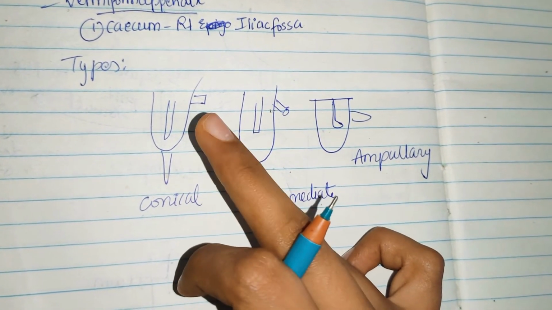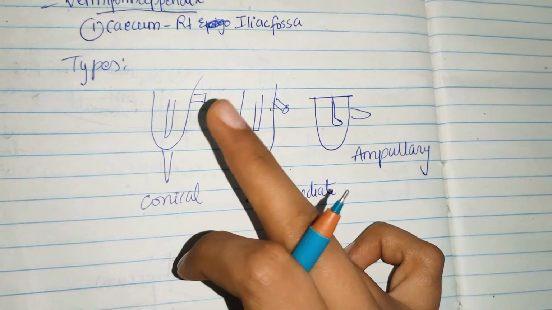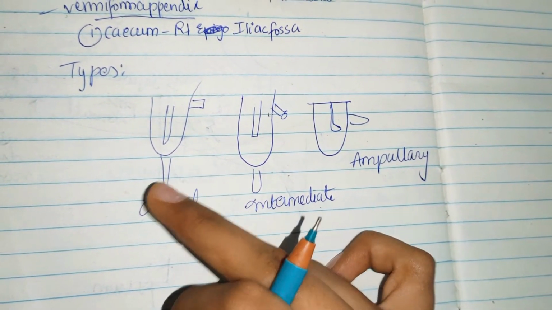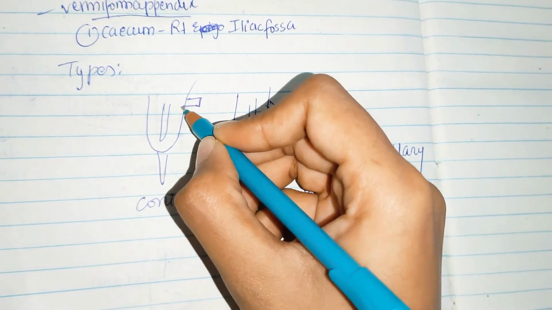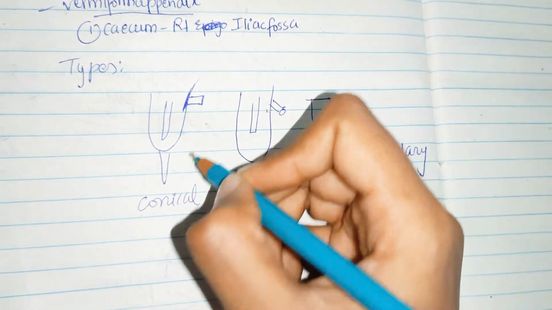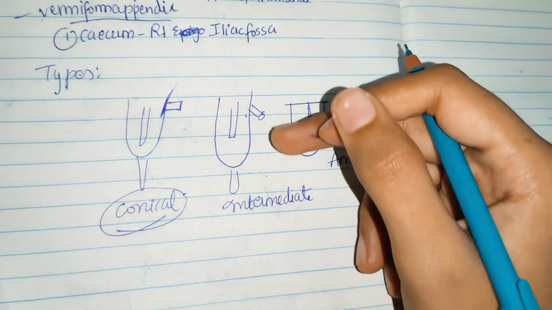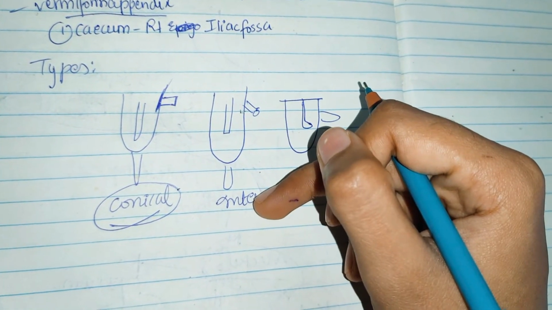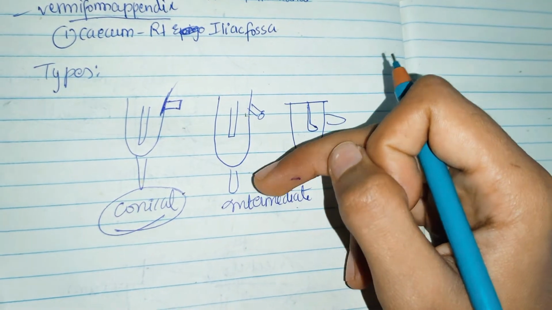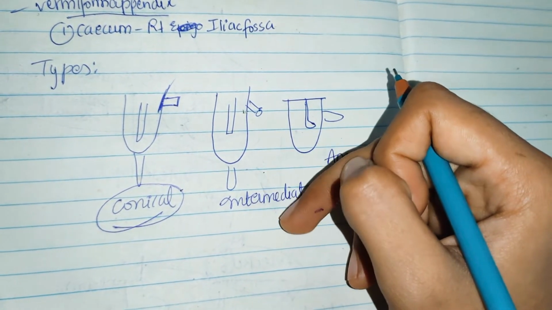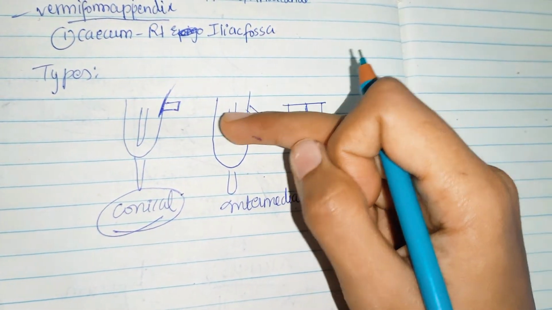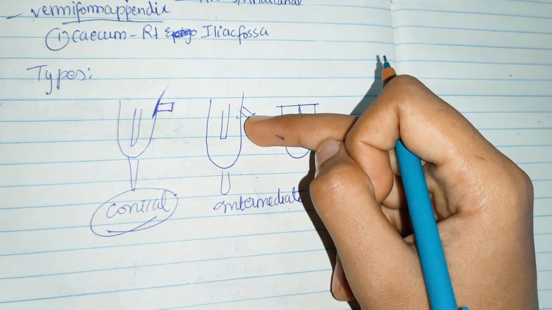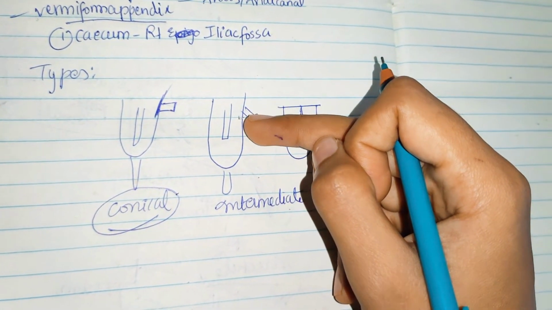In the conical type, seen in only 13% of people, the appendix arises from the apex of the cecum. Next, coming to the intermediate type, it is present in 9% of people, where the right and left cecal pouches are equal in size, and the appendix arises from the depression between them.